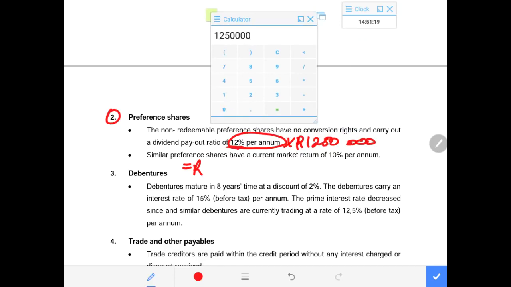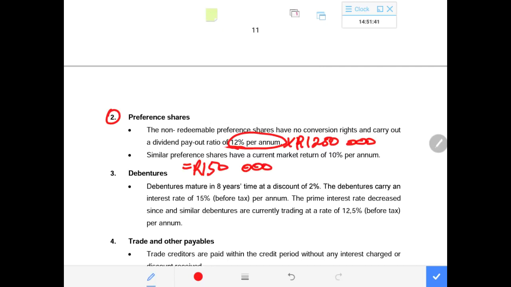That means we have to pay 150,000 rands to our preference shareholders. So 150,000 will be our preference dividends according to the rate that we agreed with the preference shareholders. And the agreed rate, which can be called a coupon rate, is 12%.